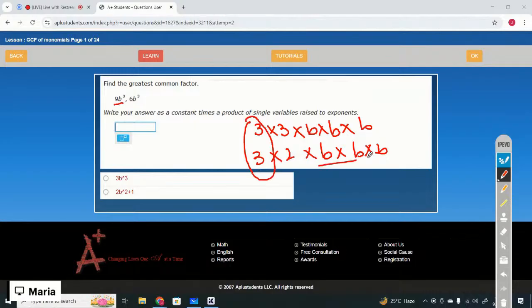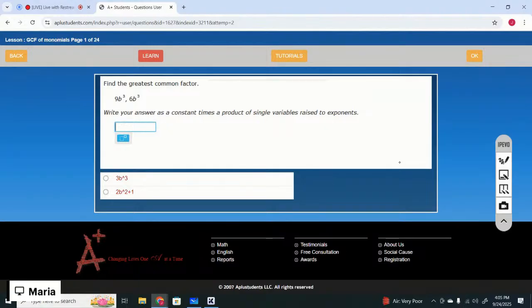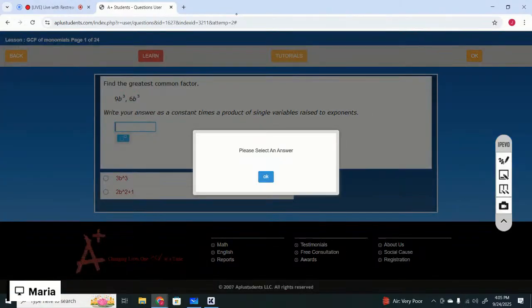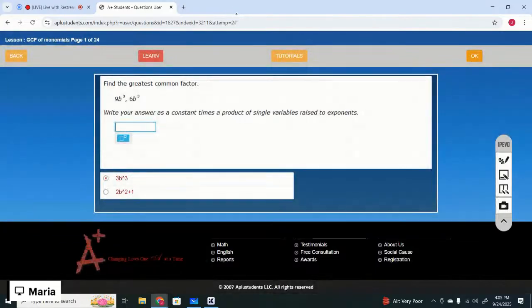So the common factor is 3b cube. Option number one is the correct option.